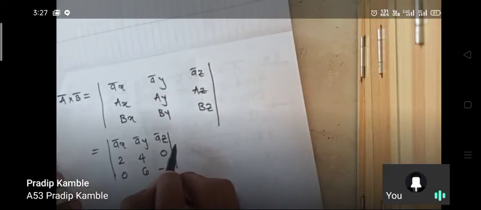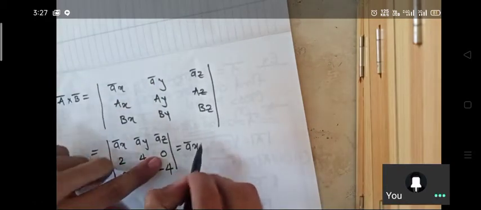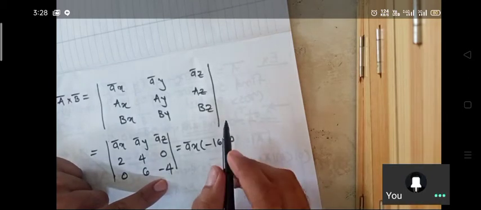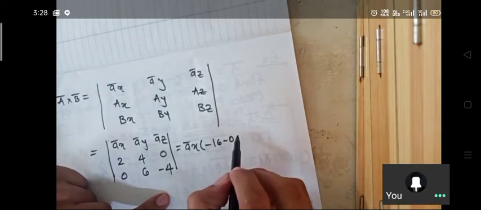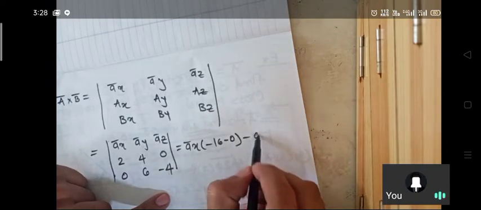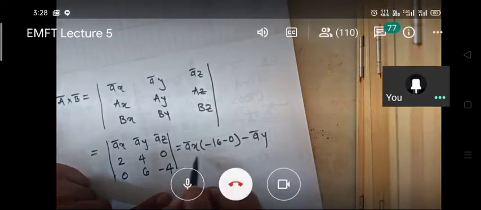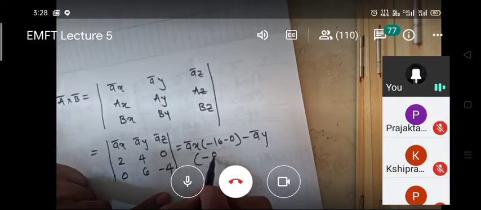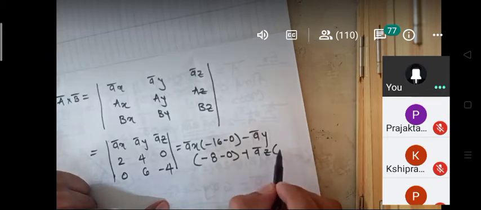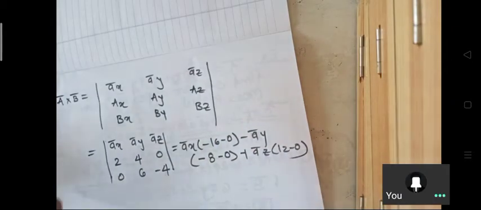So this is equal to a bar x into minus 16 minus 0, minus a bar y into bracket minus 8 minus 0, plus a bar z 12 minus 0, right?